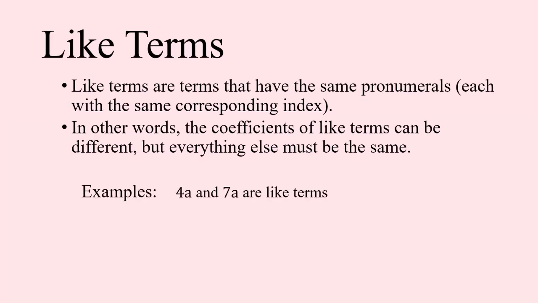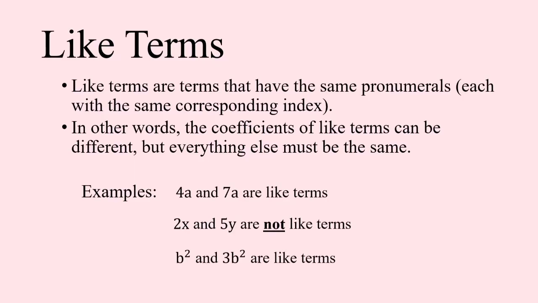For example, 4a and 7a are like terms because the pronumeral, which is a, is the same. 2x and 5y are not like terms because the pronumerals, which are x and y, are different from each other. b squared and 3b squared are like terms because the pronumeral, which is b, is the same and they both have an index of 2.